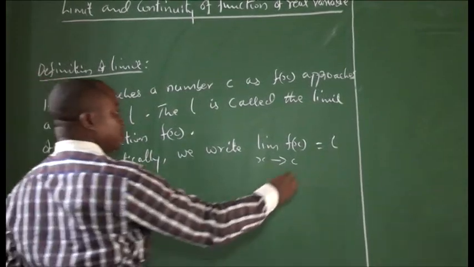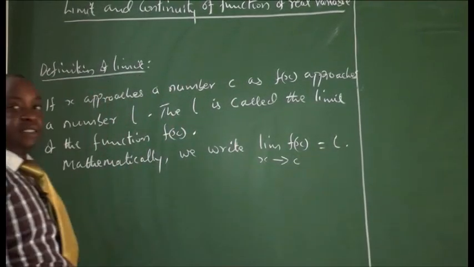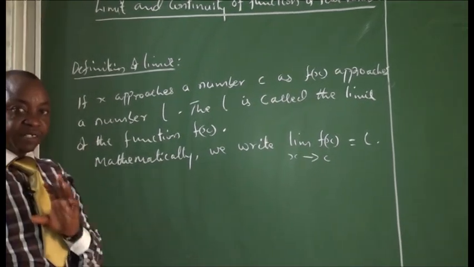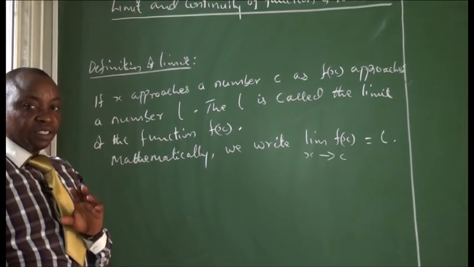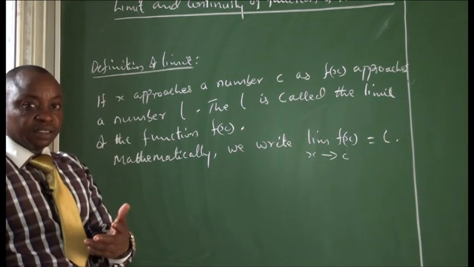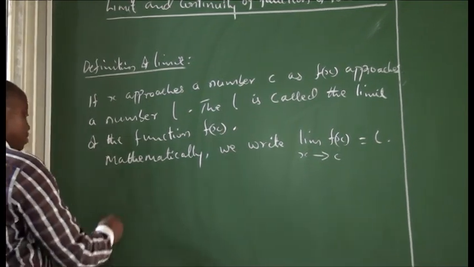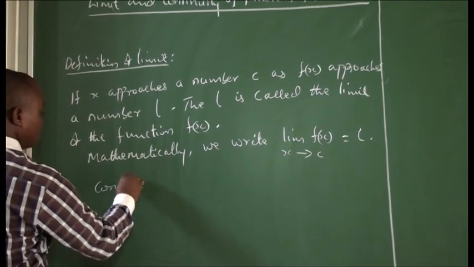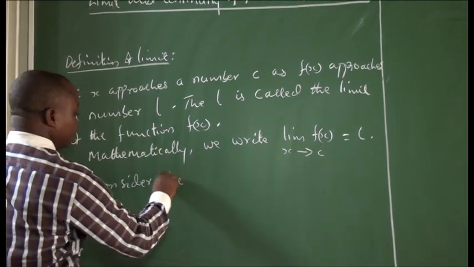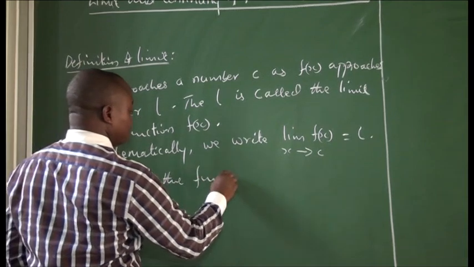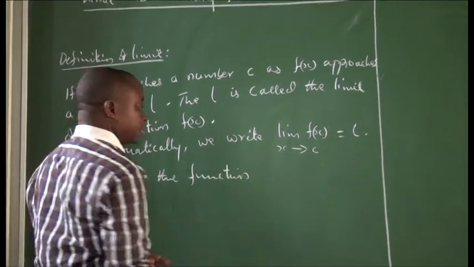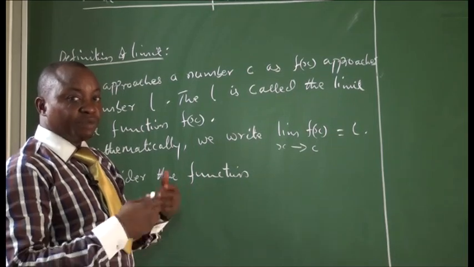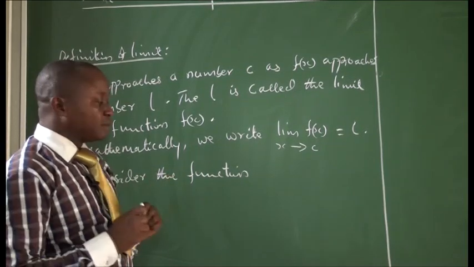All right. So now this definition will be illustrated for proper understanding using a table. Consider the function, the one we just finished, that we generated from two sets.